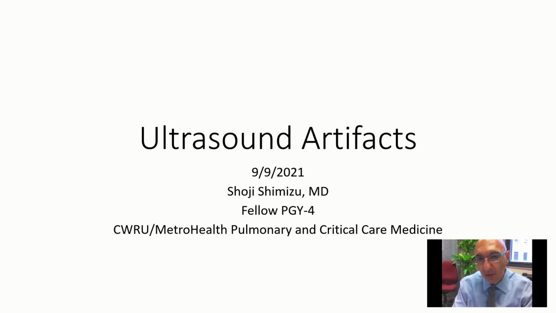While some other artifacts are bad, such as the side lobe artifacts, where the answer is usually not to increase the gain. I'm guilty of scanning in a brightly lit room and increasing the gain up to the maximum, which tends to enhance the effects of mirroring, and also the effect of side lobe and grating lobe artifacts.